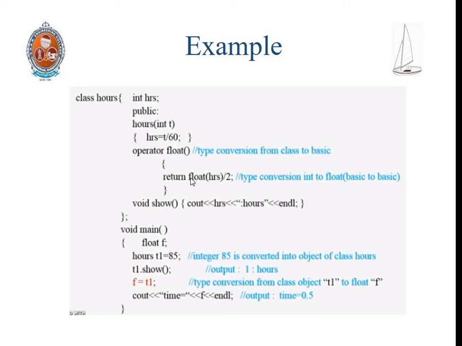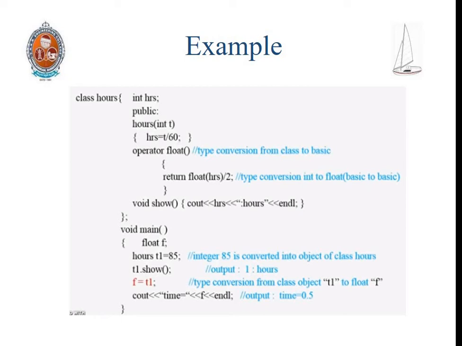Here we have created a casting operator function, operator float parenthesis, where there is no specific return type. There is no argument passed in the function and it is a member of a class, which satisfies the conditions of a casting operator function.